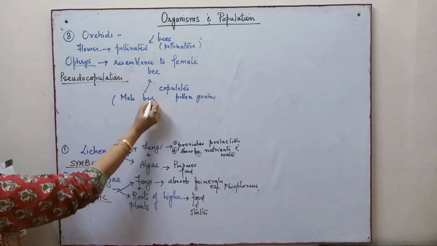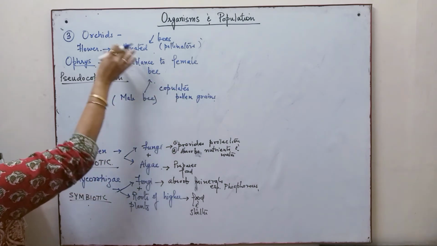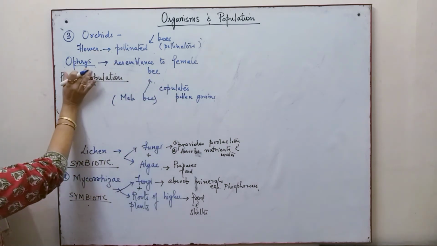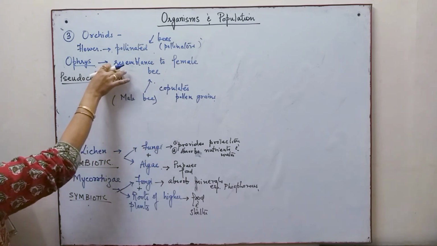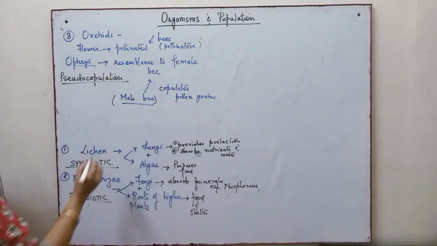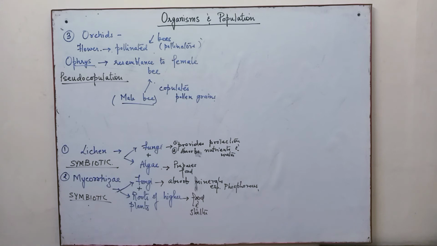The male bee is transferring the pollen grains to the plant so that the fertilization can happen, and at the same time the male bee gets the reward in the form of nectar, and also it is transferring the pollen grain. So both the species are benefited.